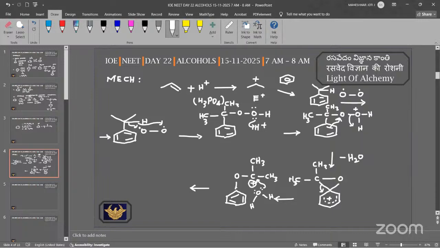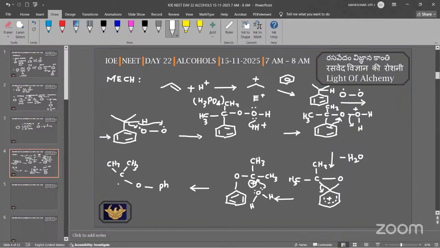See this benzene ring, I want to write it as Ph. So Ph, next oxygen, right? Oxygen is bonded to the isopropyl group.